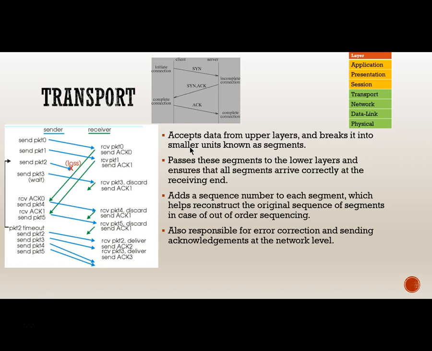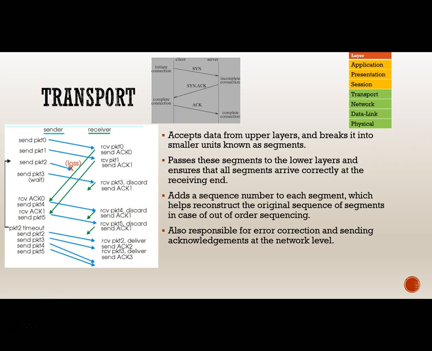So it accepts data from the upper layers, breaks it into smaller units known as segments, the transport segments, the protocol data unit. It passes these segments to the lower layers that ensure that all segments arrive correctly at the receiving end, because we number the segments, and then they get acknowledged by the receiving station.